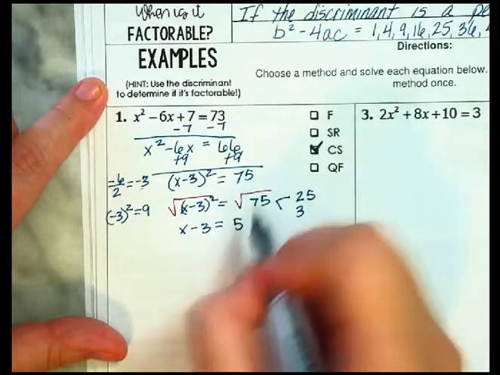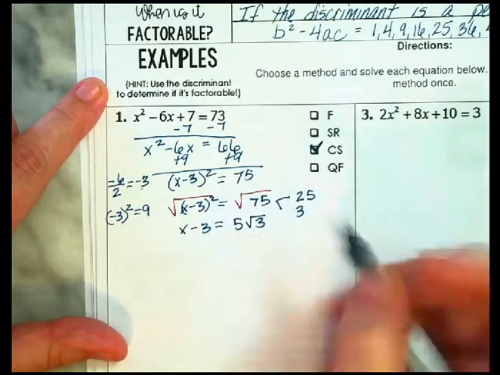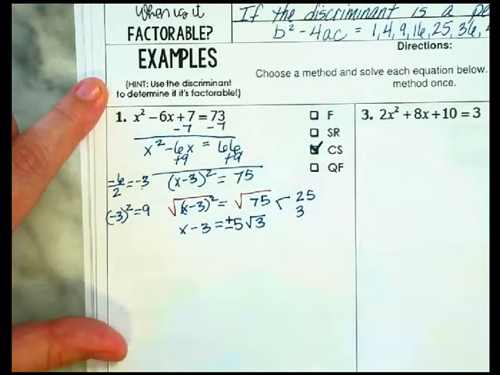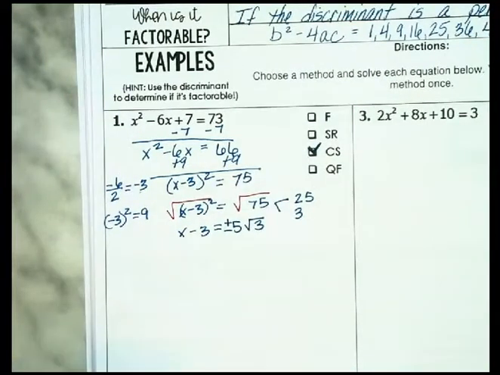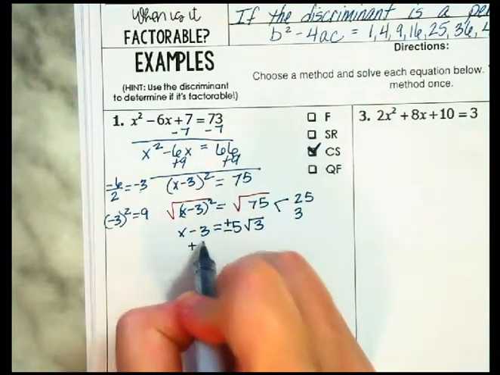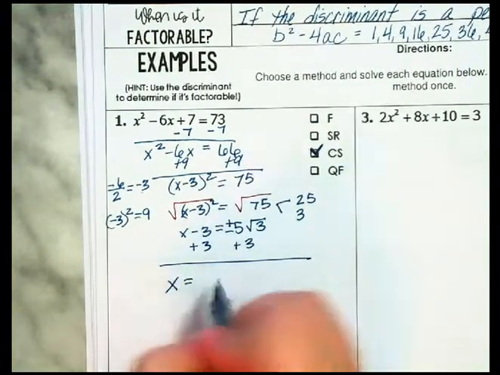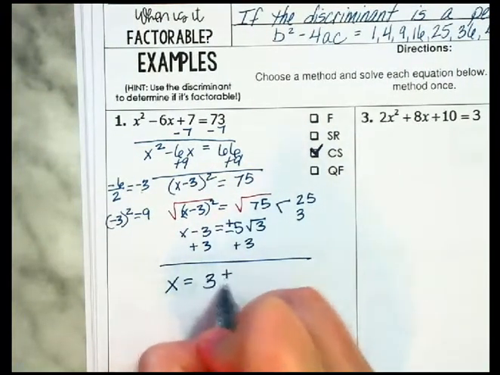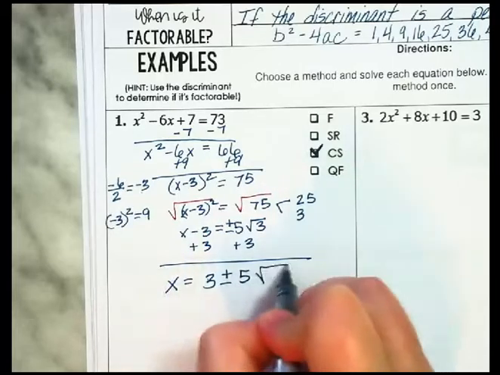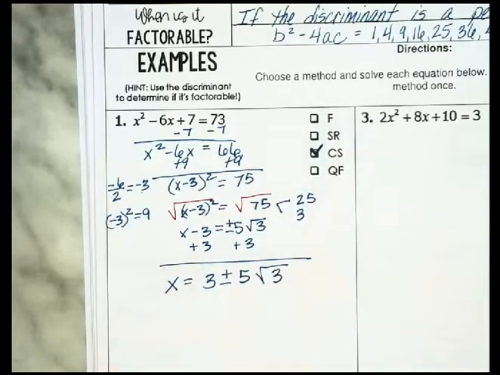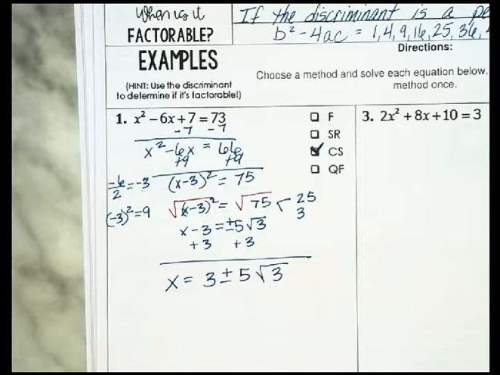The square root of 3 can't come out. And don't forget your plus or minus. And then I'm going to add my 3 to both sides. So I get x equals 3 plus or minus 5 square roots of 3. And that is my final answer.